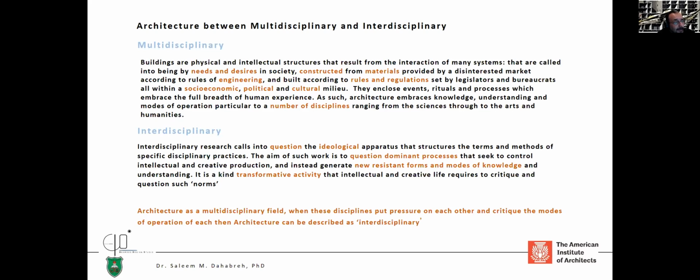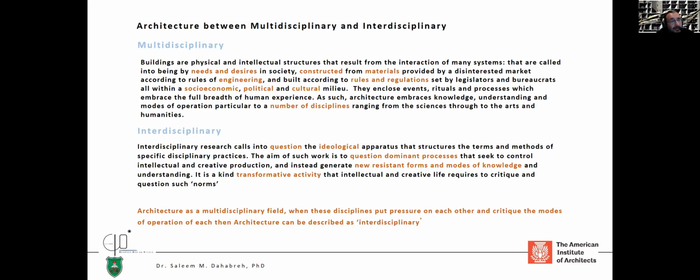Architecture is multidisciplinary, interdisciplinary. What do you mean when we say architecture is multidisciplinary? It means that buildings are intellectual structures that hold many systems together. They follow the needs and desires of the society.